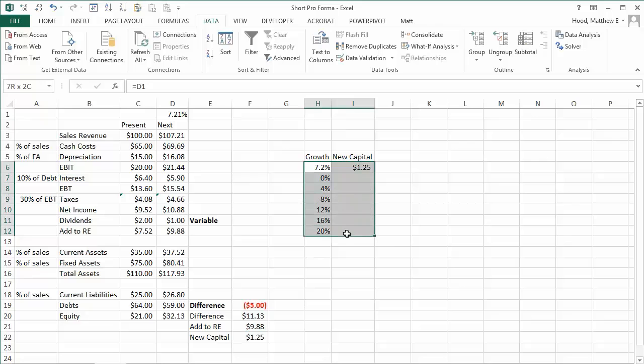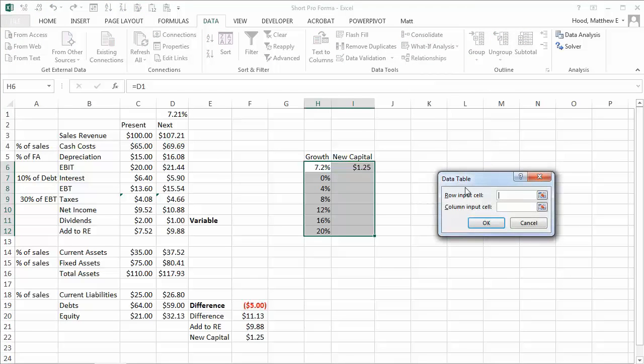If I highlight this area right here, and if I go to my what if analysis data table, and my growth is in a column, so in the column I'm going to put what it is I'm going to allow to change, and that's going to be this. So this is going to put in 0% there, 4%, 8%, 12, 16, and 20, and spit over here what it would do to this number right here.